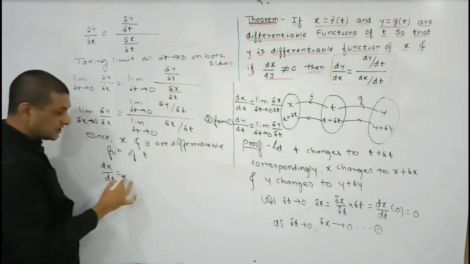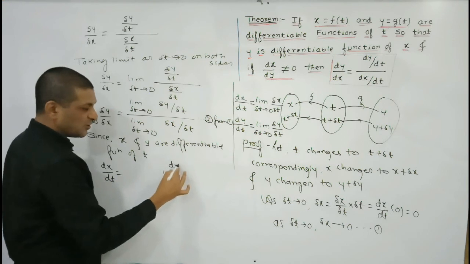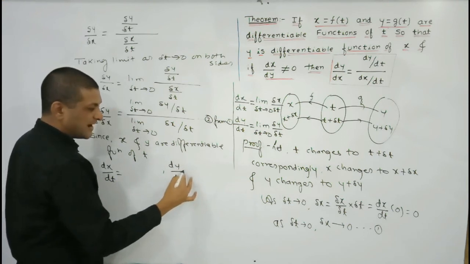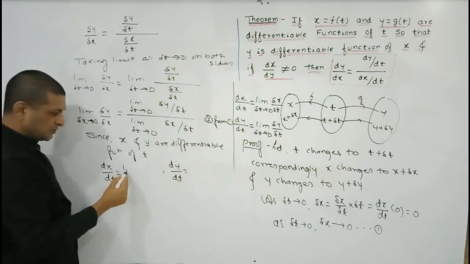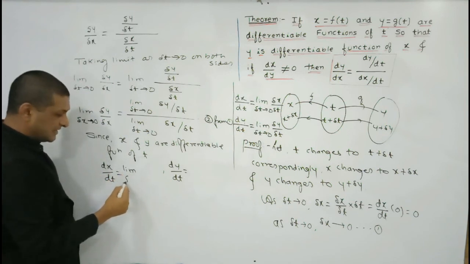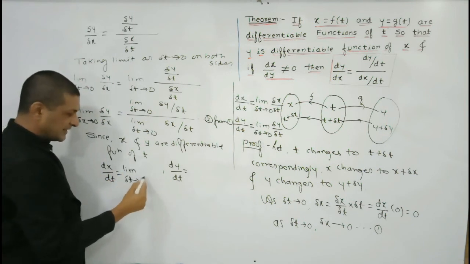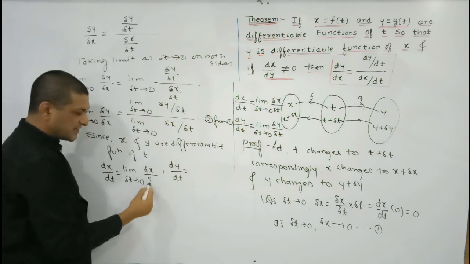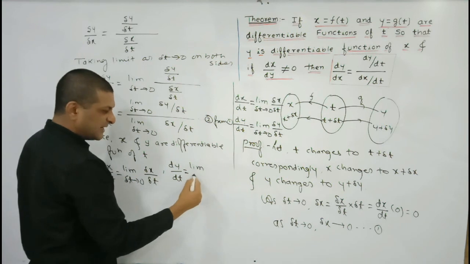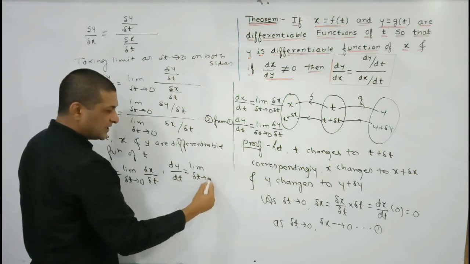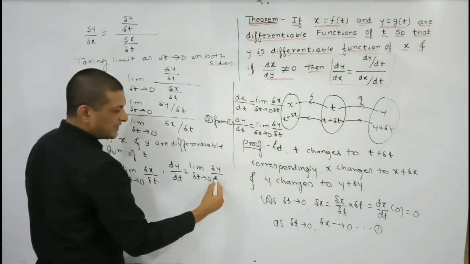This is the given condition. And y is a differentiable function of t, so it will be denoted by dy upon dt. Already we have discussed it. If this differentiation exists, which limit exists? Limit delta t tends to 0 of delta x upon delta t. And if this differentiation exists, which limit exists? Limit delta t tends to 0 of delta y upon delta t.